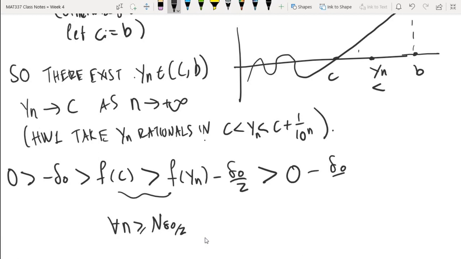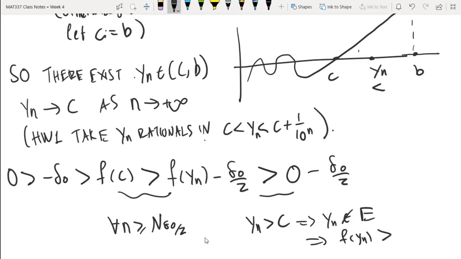Then, since yn is bigger than c, we have that yn is not in E, so we get that f of yn is strictly positive.